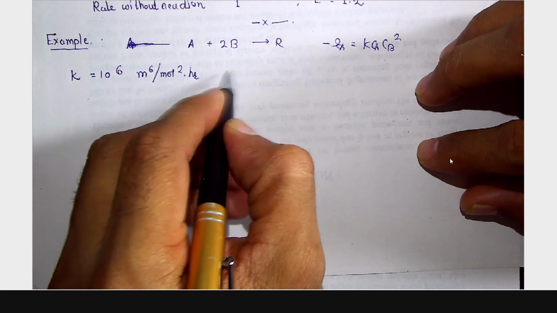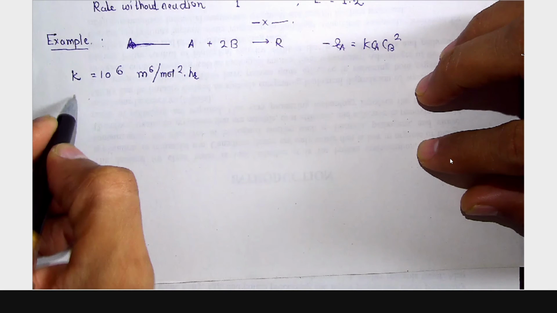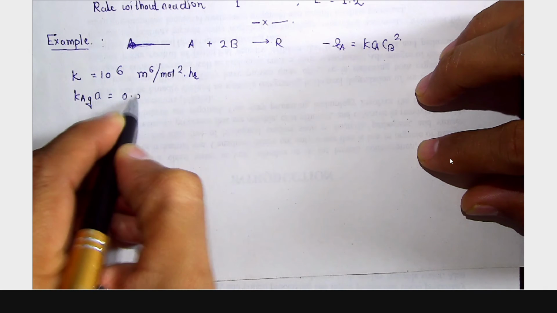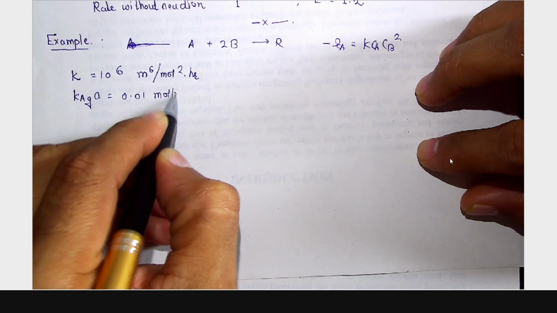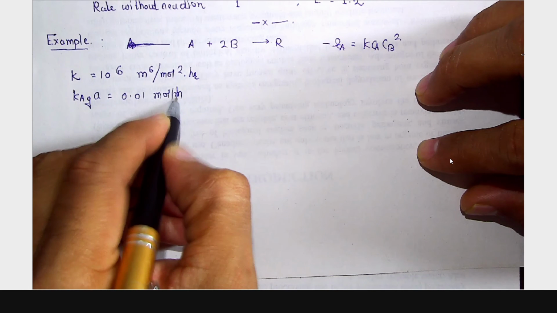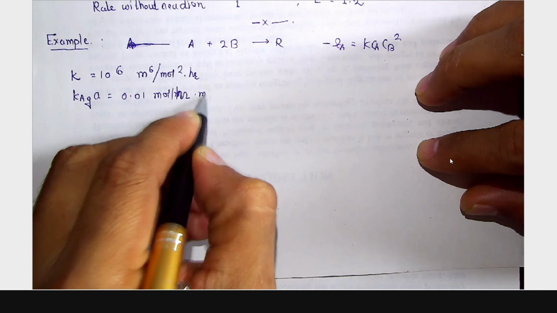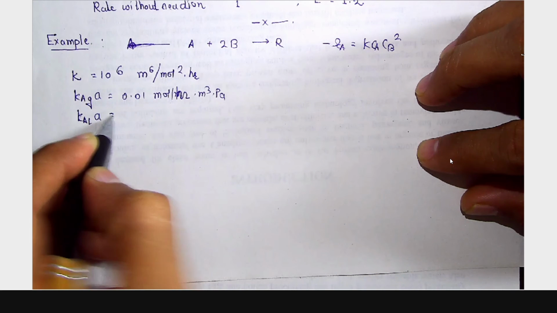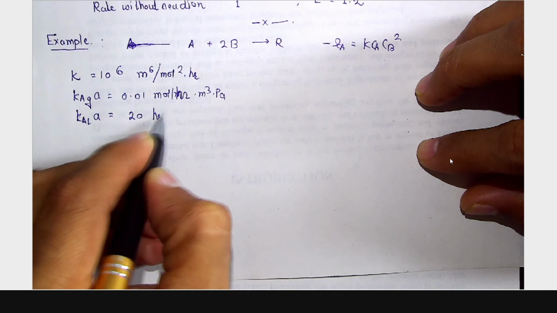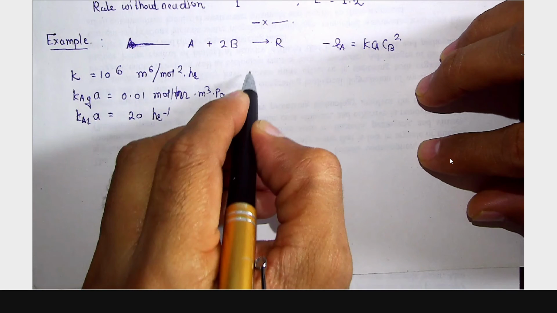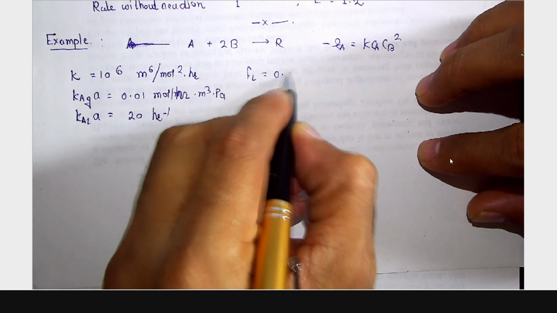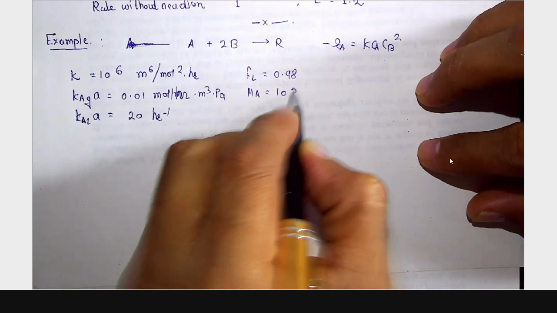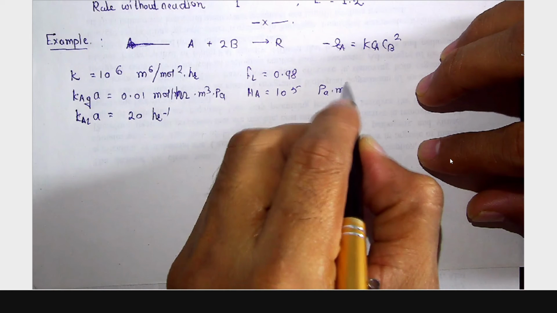Other parameters like mass transfer, then liquid mass transfer, FL is fraction of liquid, HA is given as 10 to the power 5 Pascal meter cube per moles.